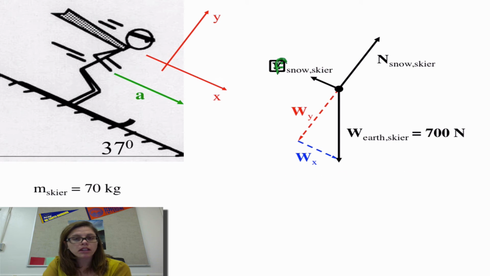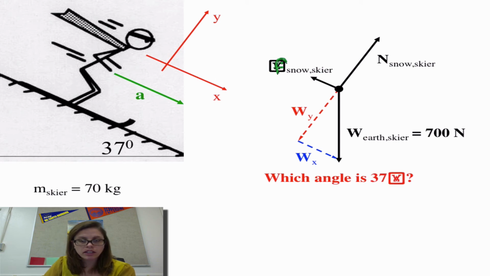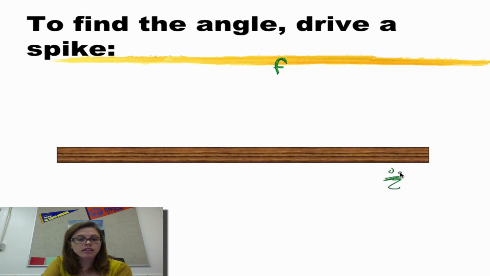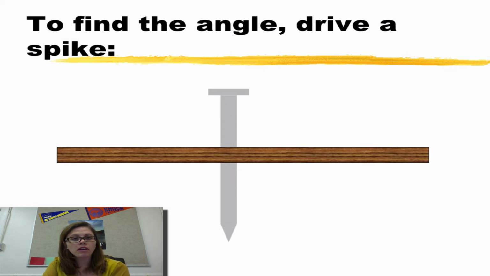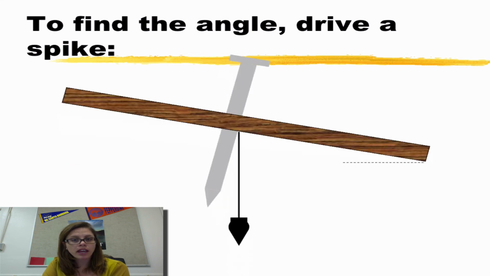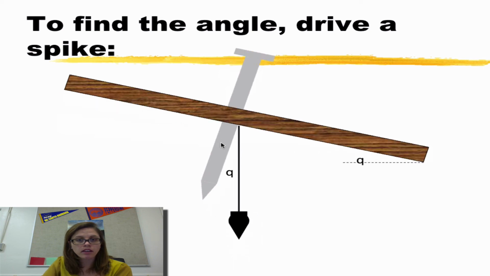Now we're going to take a small aside to figure out which angle is 37 degrees. So we have a board and we drive a nail through it and add a plumb bob. As we increase the angle of the board, as we increase this angle right here, this angle also increases.